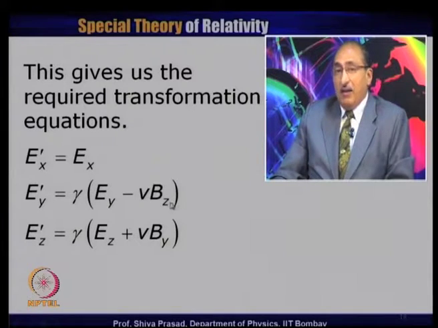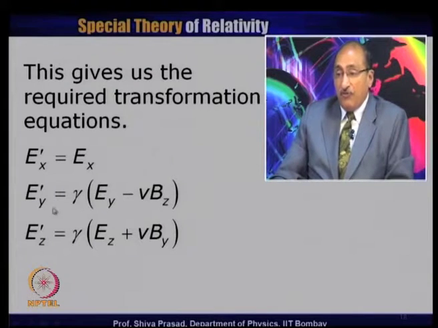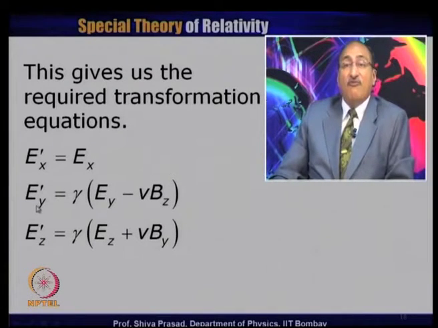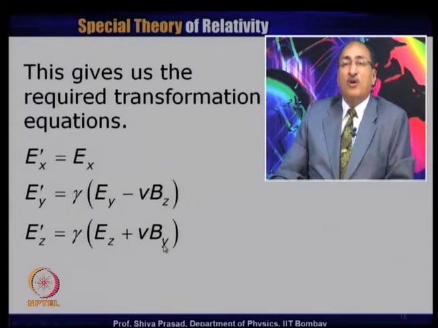If Ey and Bz are the y component of the electric field and the z component of the magnetic field in S frame of reference, then the y component of the electric field in S prime frame will be given by this equation. Similarly, the z component of the electric field will be given by this equation, where Ez is the z component of the electric field in S frame and By is the y component of the magnetic field in S frame.